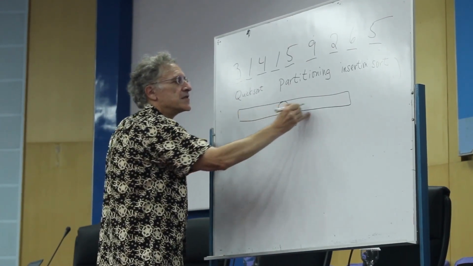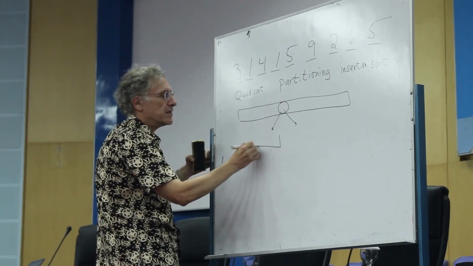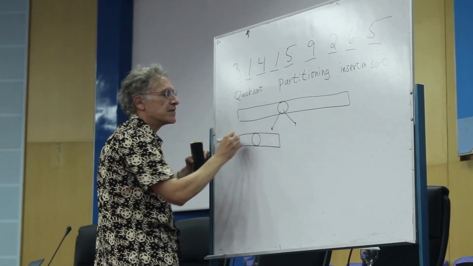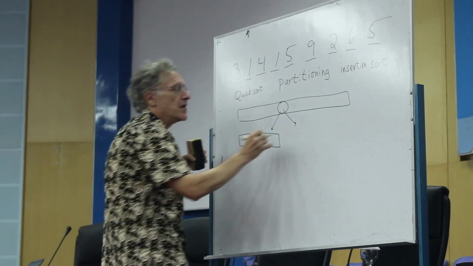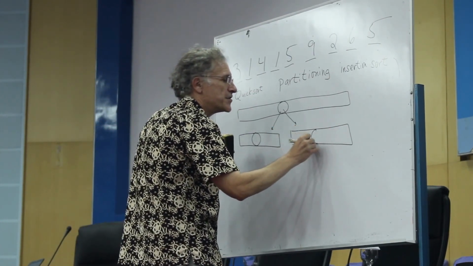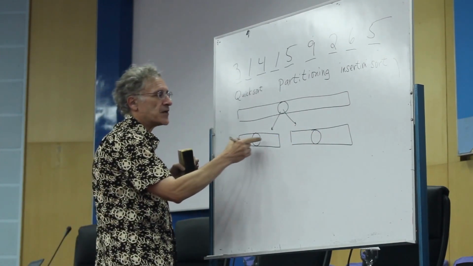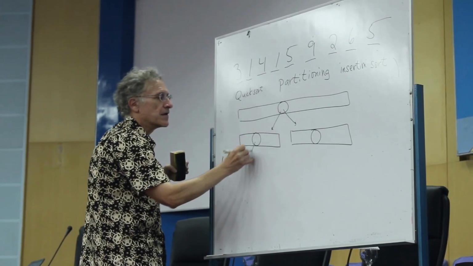This problem and this problem. Now maybe this problem here, I am lucky. And when I partition it right in the middle. Maybe on this side also, I am lucky, and I partition it right in the middle. So I have this problem and this problem and this.